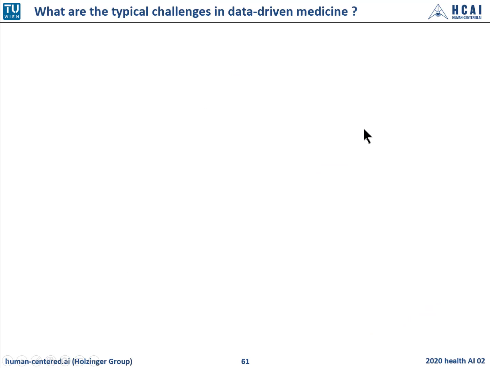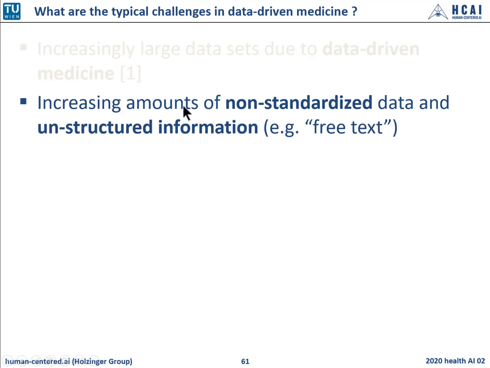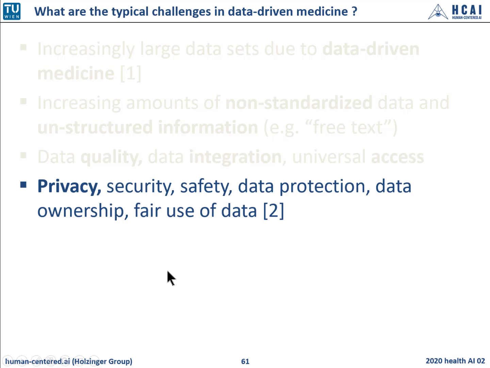What are the typical challenges in data-driven medicine? Increasingly large data sets. Then increasing amounts of non-standardized data and unstructured information, colloquially spoken free text. Then data quality, a big problem, data integration, universal access to the data. Then privacy, security, safety, data protection, data ownership, fair use of data.